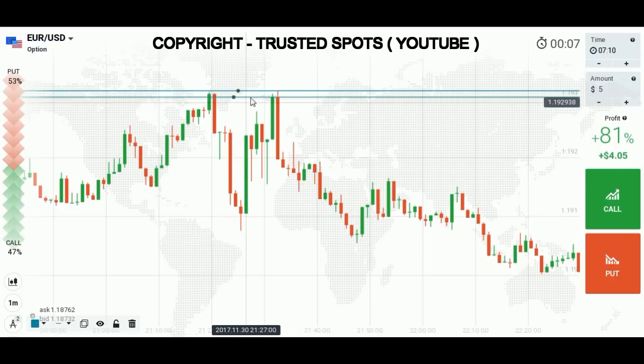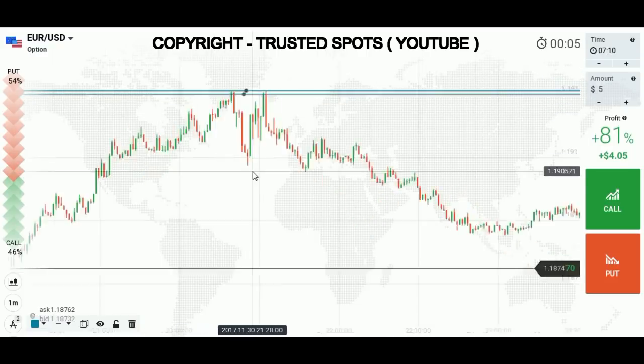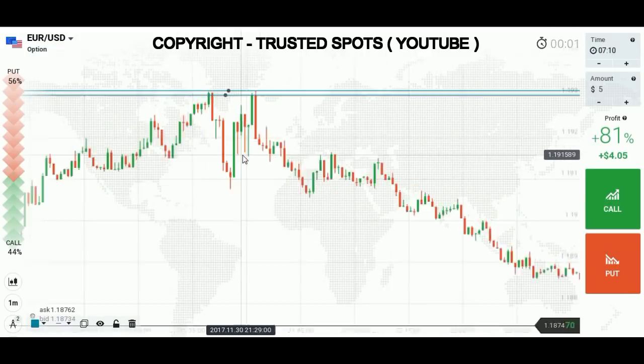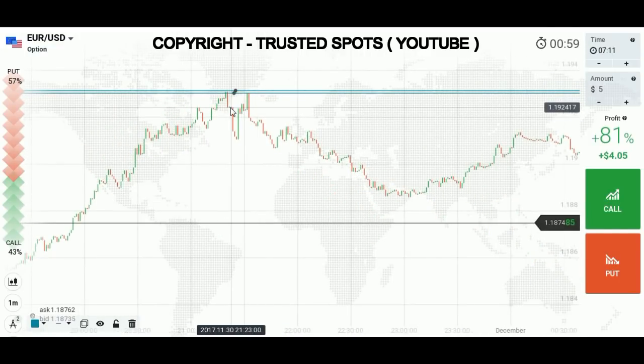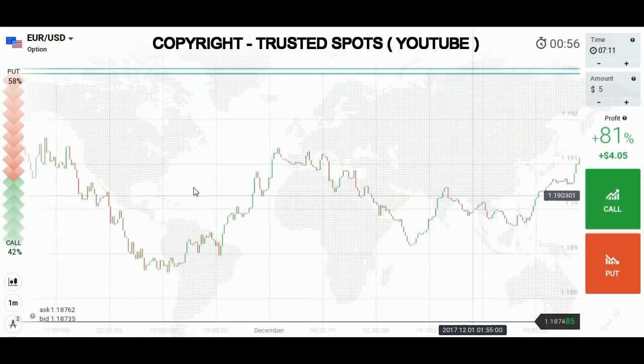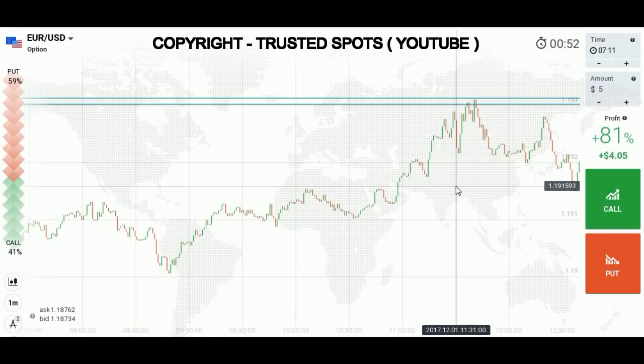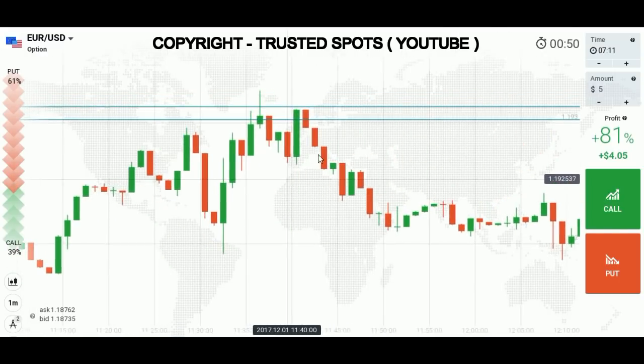It is a strong resistance because it can be seen clearly. Second concept, the whole world is seeing this level as a resistance. And third concept, we have drawn an area. So let's go and check if this level worked or not. And you can see this level worked. So this is how you can draw strong SNR or extreme SNR levels.